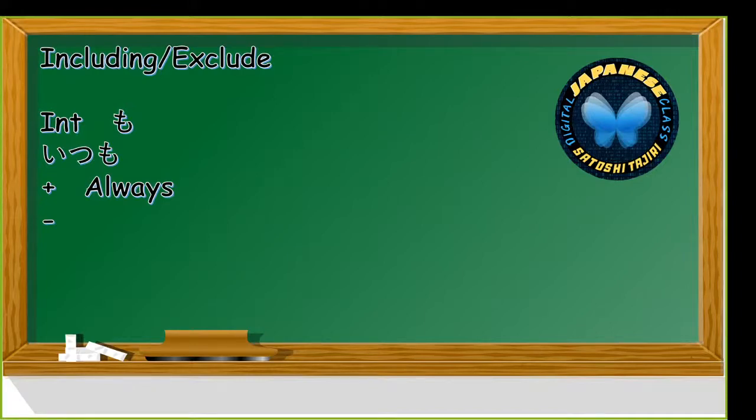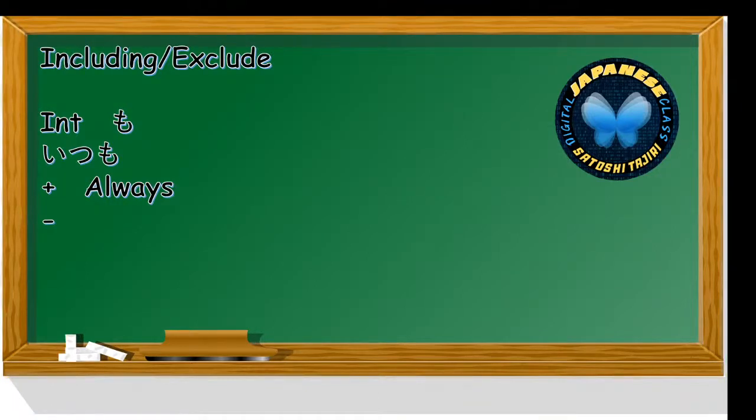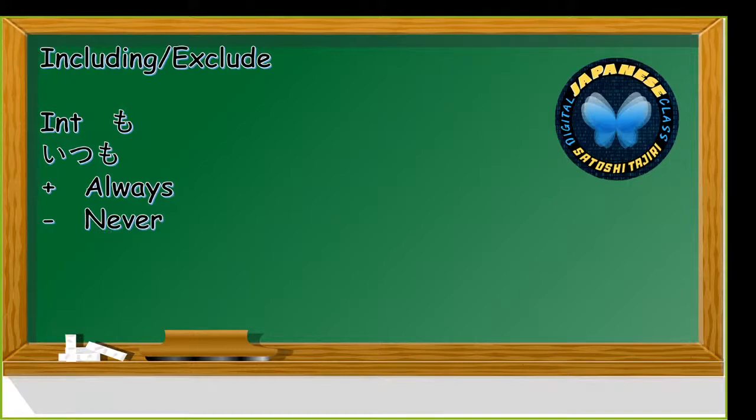It has a negative because it comes from the word itsu, which means when, but we added mo so it can be both positive and negative. So itsumo means usually or every time, and we also have never. It depends how we construct the sentence. So it has always and also never. Later on, I will give some examples on that.